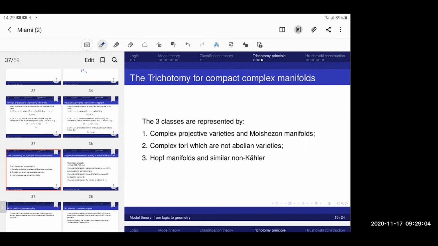This being non-singular, but I'm not very sure. Well, it depends on how you exactly formulate this. Probably a few singularities wouldn't matter, and by the way, this sort of thing also works with compact complex spaces. Yeah. Okay, let me go on.